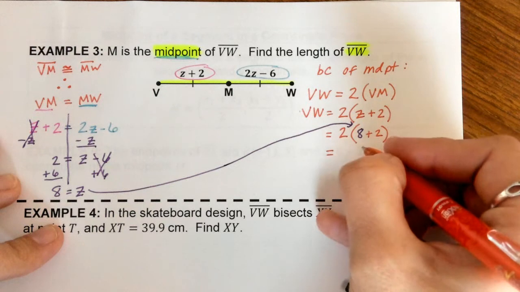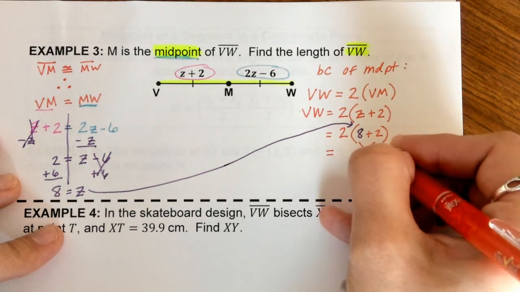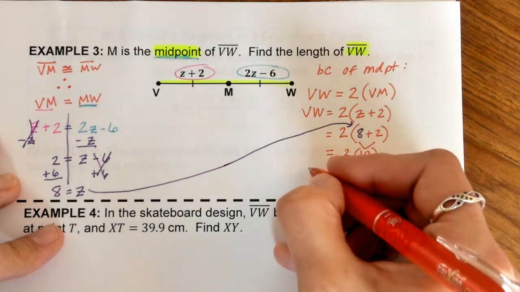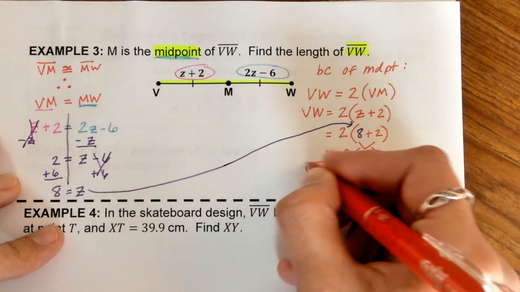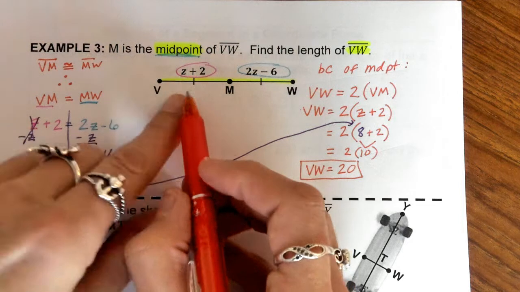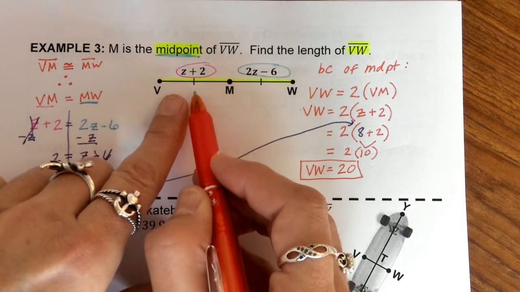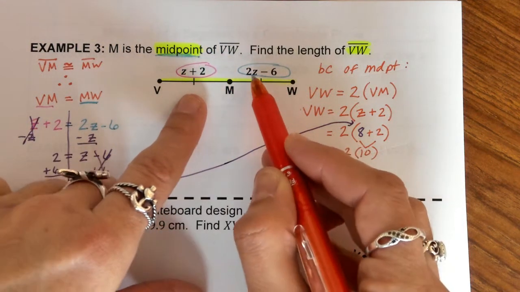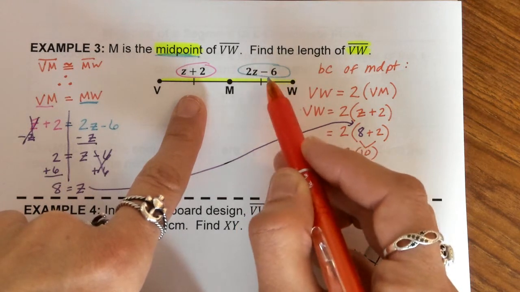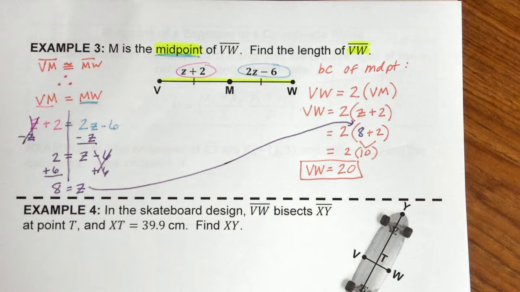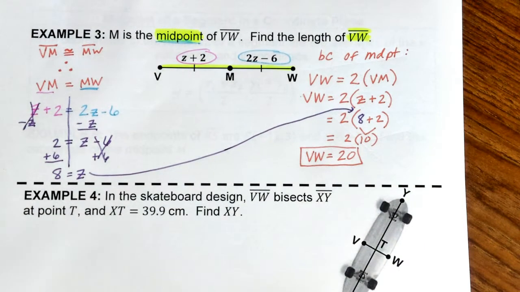We'll bring that down step by step. This is going to end up being 10. So we have 2 times 10, making the length of VW a total of 20. And if you want to substitute in for both, well, 8 plus 2 gives you 10. 2 times 8, 16, minus 6 gives you 10. Then 10 plus 10 is going to give you that whole 20. This is the easiest way to do that, though.